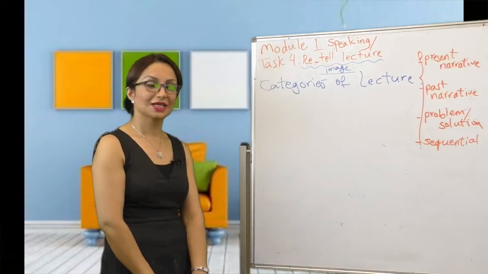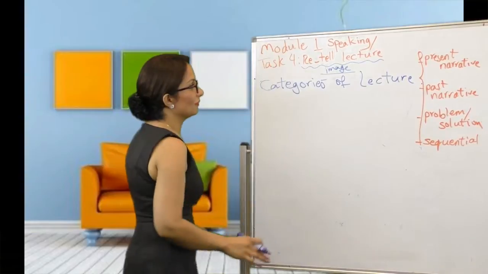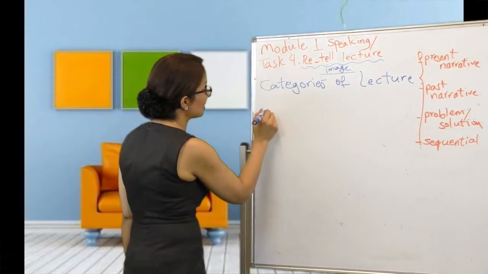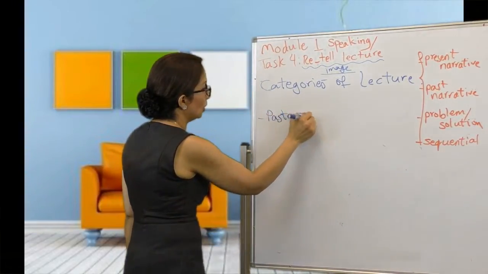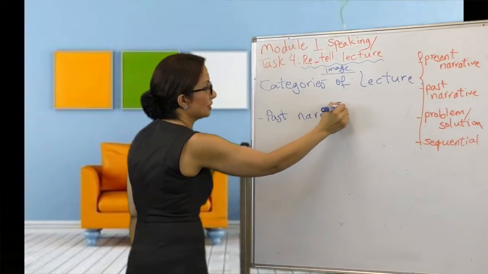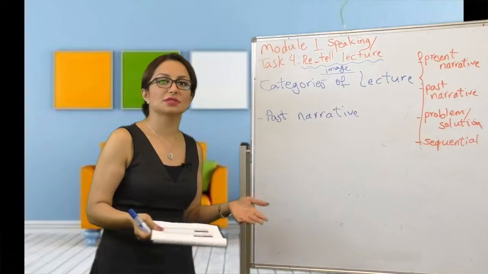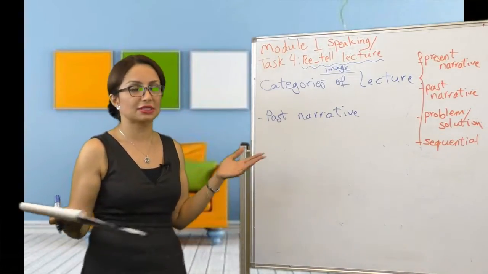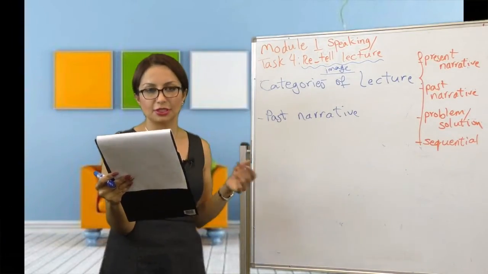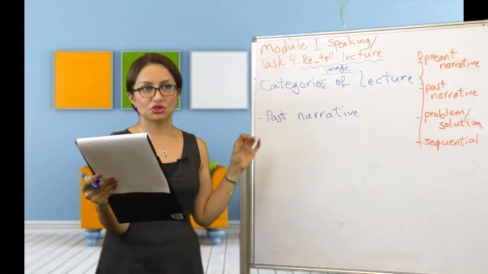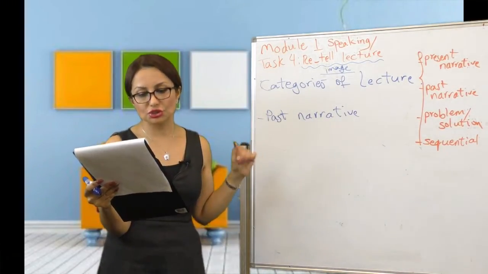Okay, the second category of lecture in Retell Lecture is past narrative. Unlike present narrative that narrates an event in present time, past narrative, as the name suggests, is all about an event that happened in the past. For example, take a look at image 2 on page 2.